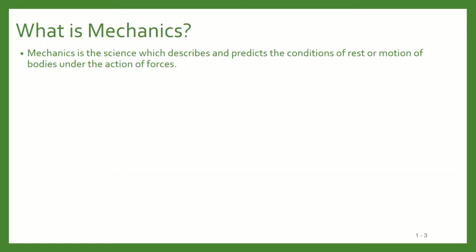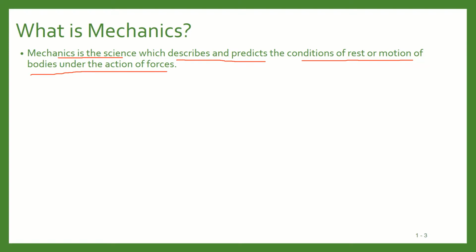First, let us see what is mechanics. So as you can see, mechanics is the science which describes and predicts the conditions of rest or motion of bodies under the action of forces.